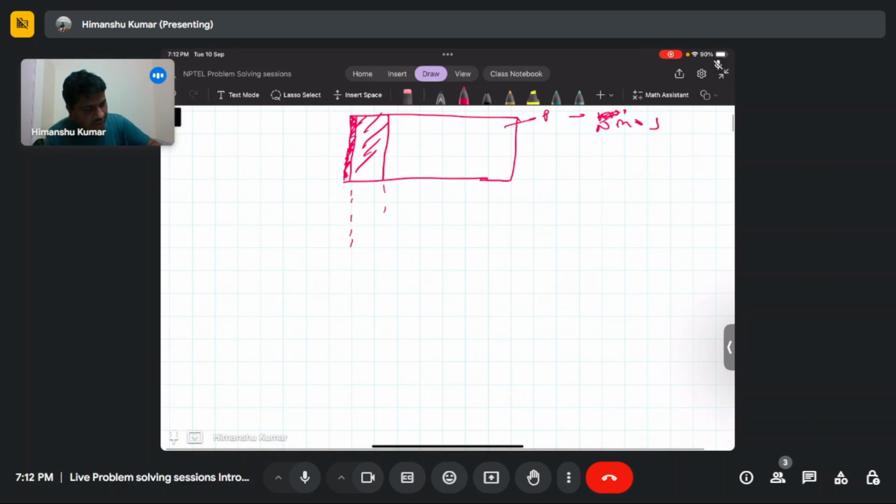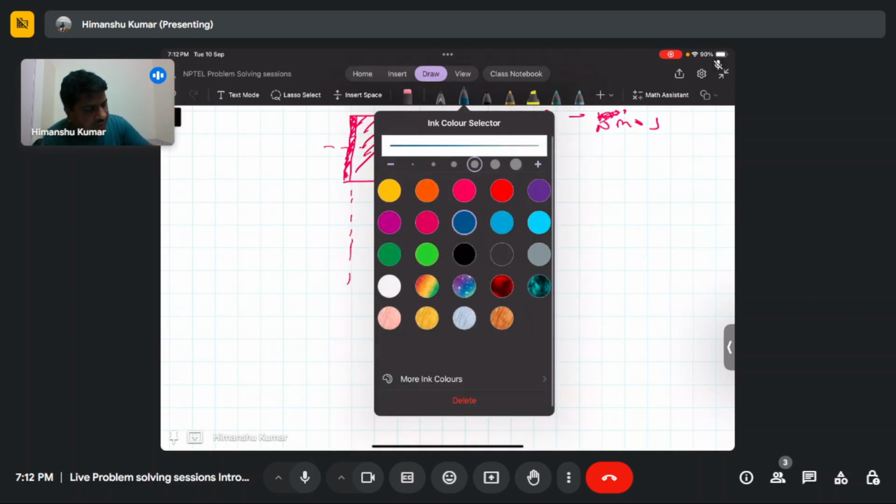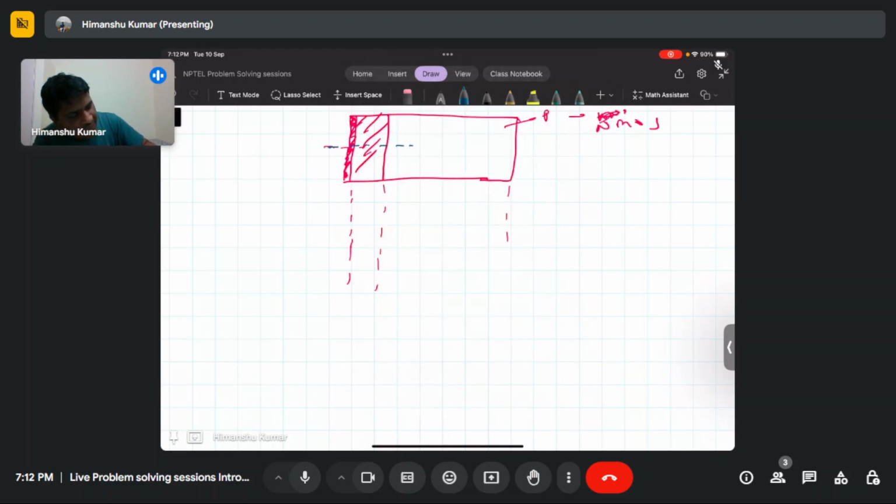Then we can draw the band diagram across this cross section, and we encounter three different regions.